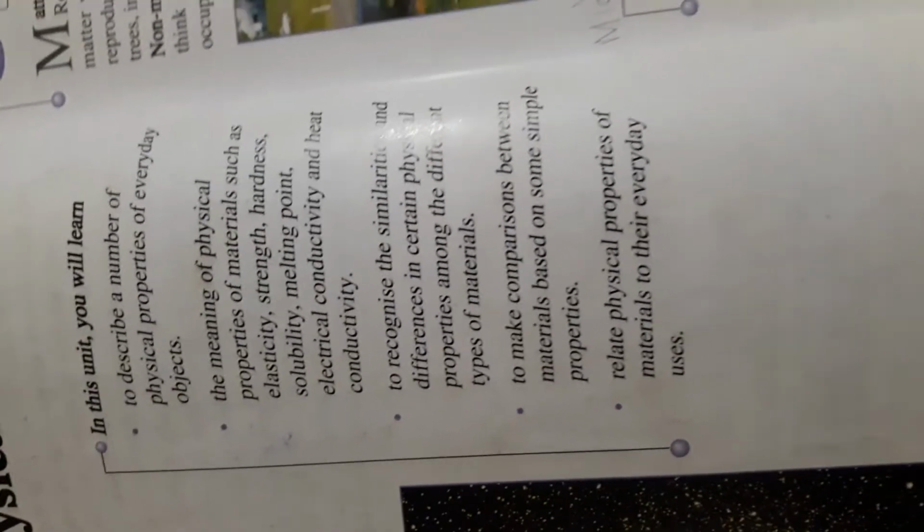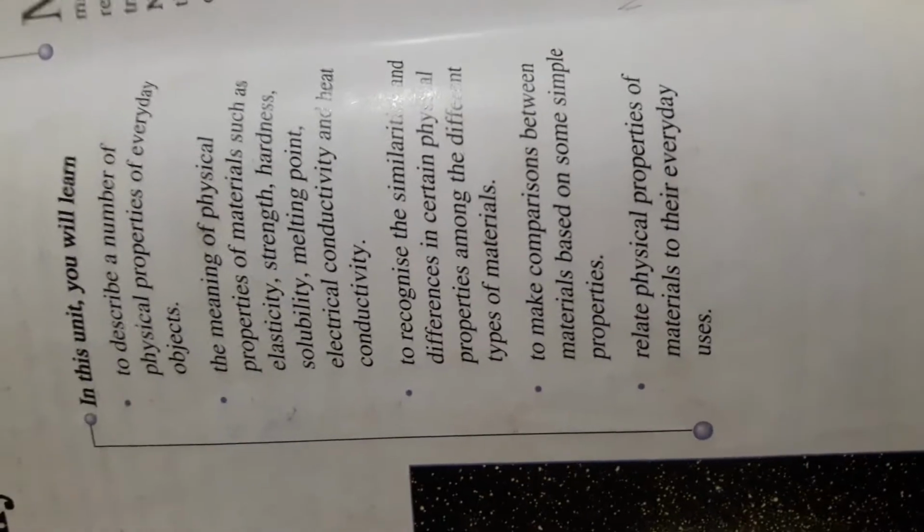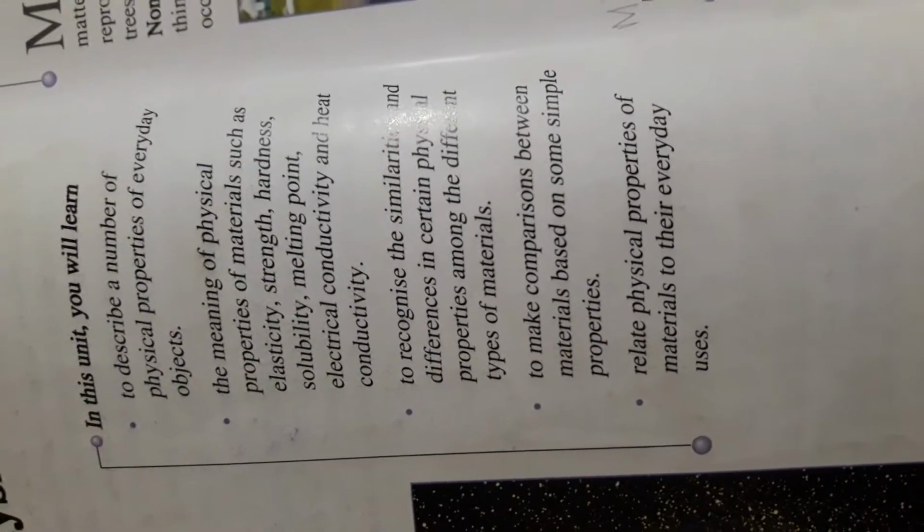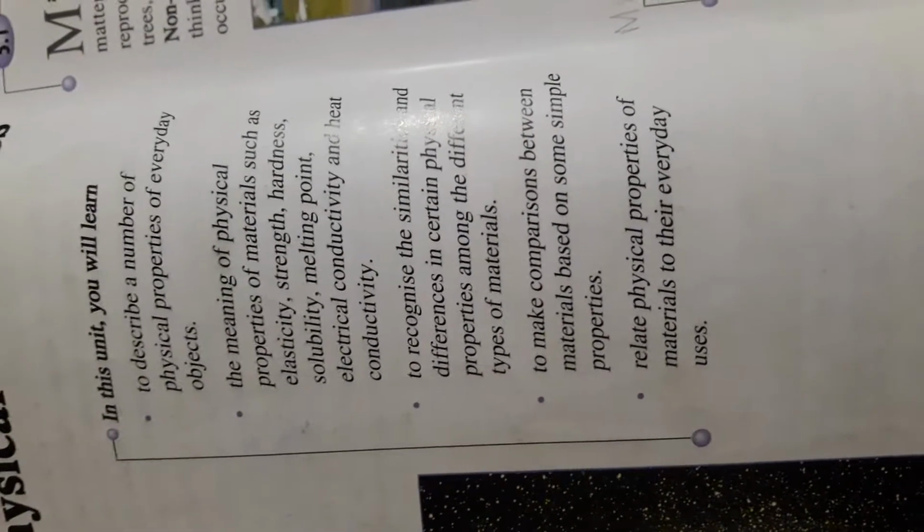Now, every matter in this universe or in this world around us has some properties. Therefore, you are able to identify that something is water, and how the temperature affects that water, which changes into an ice cube, and when it is heated, how it turns into steam or water vapors.